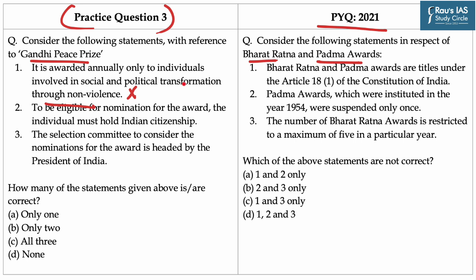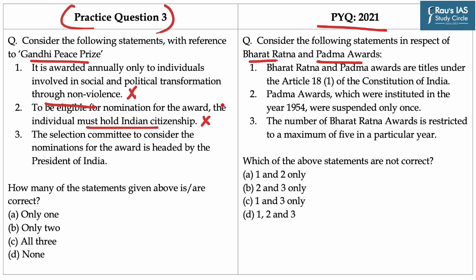It can be divided between two persons or institutions who are considered by the jury to be equally deserving of recognition every year. The second statement: to be eligible for nomination for the award, the individual must hold Indian citizenship. This statement is also incorrect because it is open to all persons regardless of their nationality, creed, race, or gender.